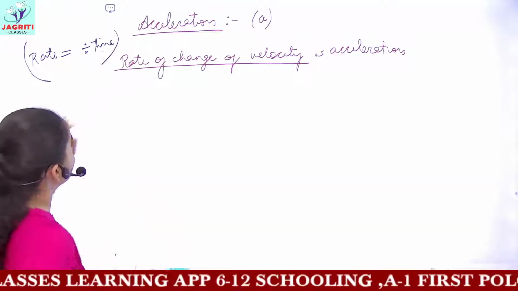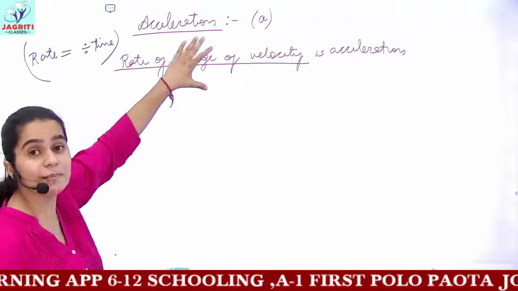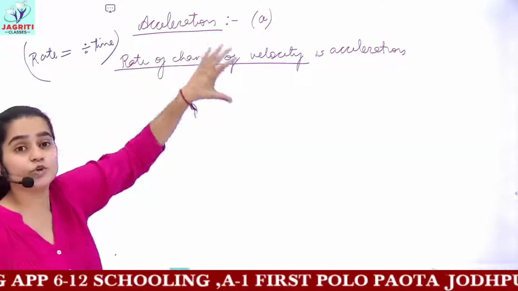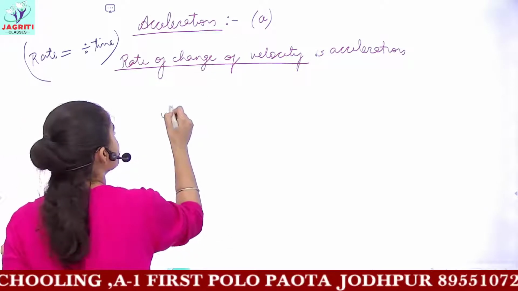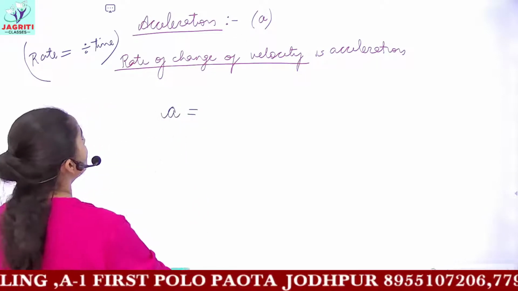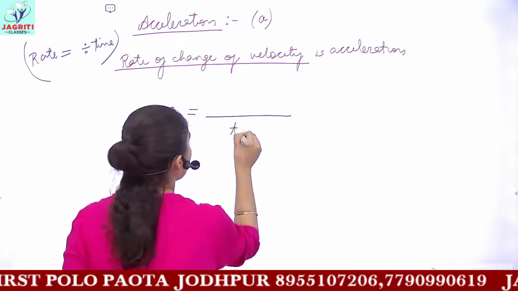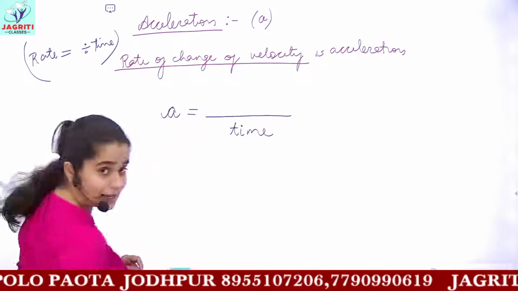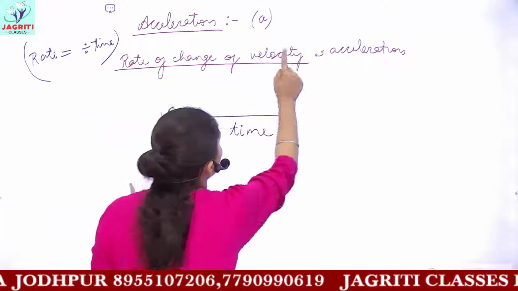So let's see. To form the formula from the definition itself, if you remember the definition, it can be used to find the formula for acceleration. The symbol of acceleration is a. So a would be rate of change. I know rate means I have to divide something by time. Now what do we have to divide? Change of velocity.